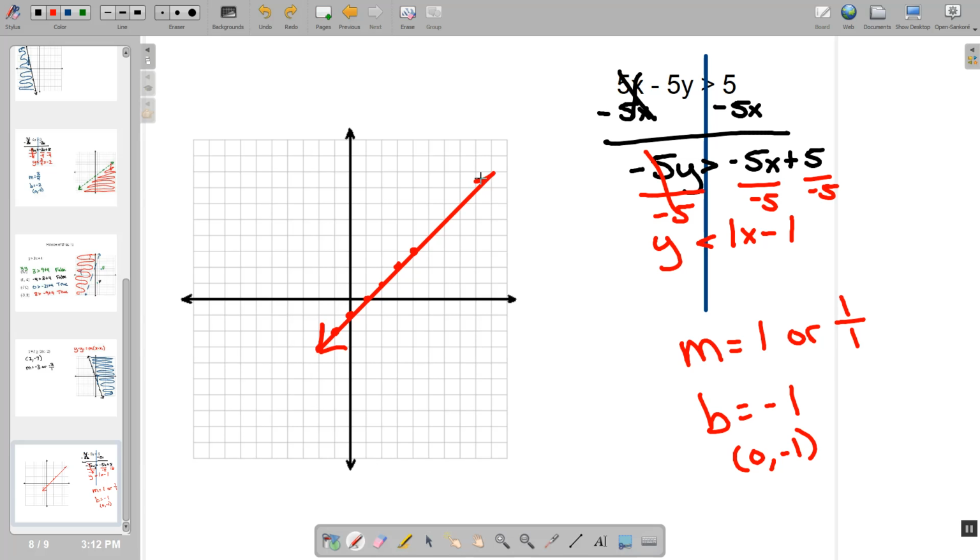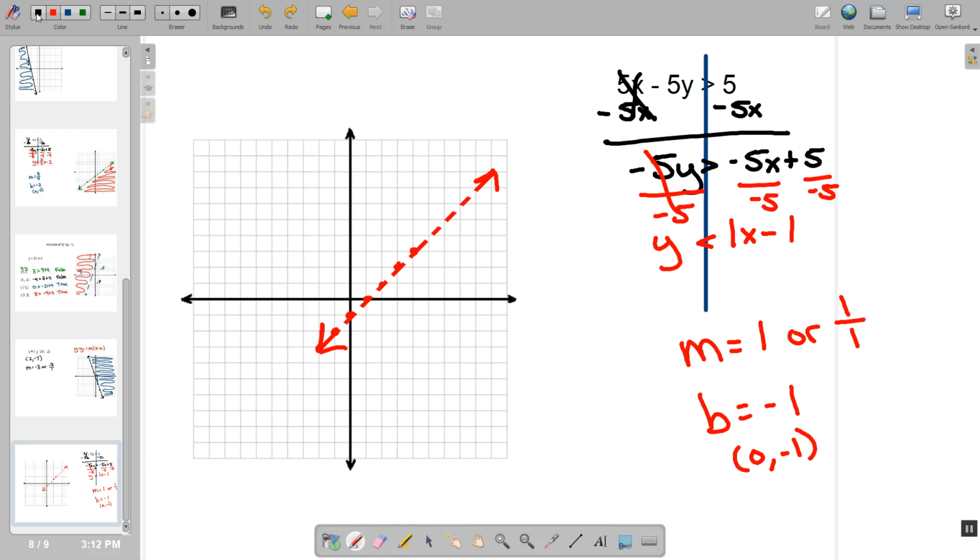Now, this one I got a little lazy, and the line didn't stretch all the way down, but that's all right. But I do need to make sure that my line is dashed and not solid, because we do not have the equal sign underneath our inequality. So we have a dashed line, and we are going to shade underneath because it's less than.